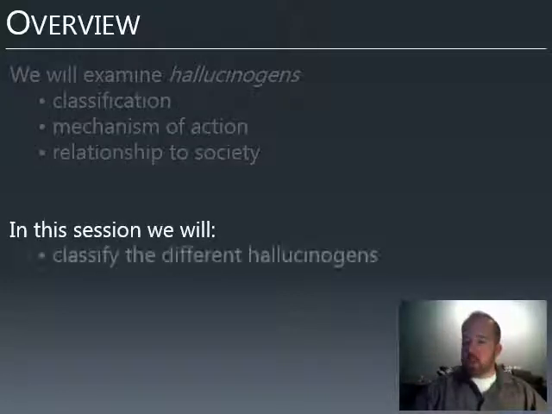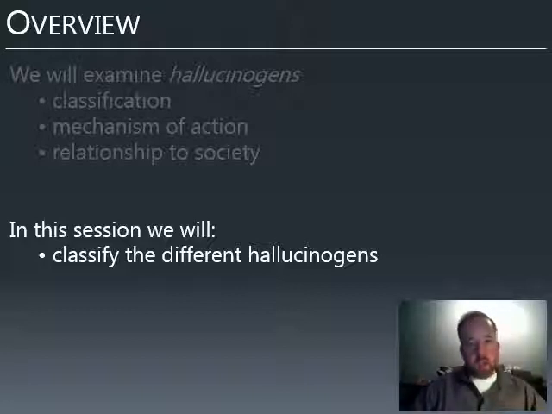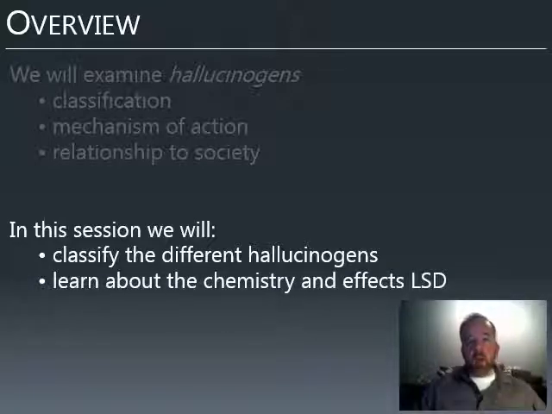In particular, in this session, we'll go over our classification, and that's going to frame this whole unit, both this session and next session, because there are so many hallucinogens, and the classification is a little bit difficult, but we'll go over it. We'll also learn about the chemistry of these different substances. That's part of the classification scheme.